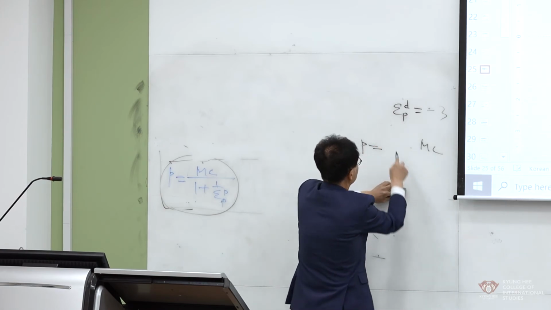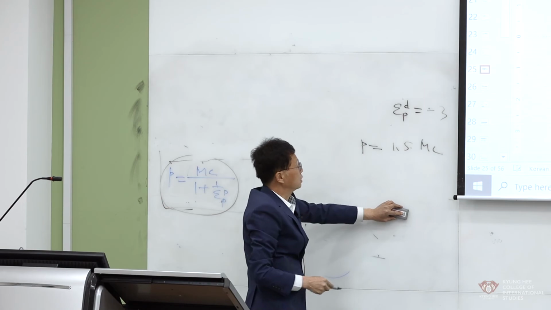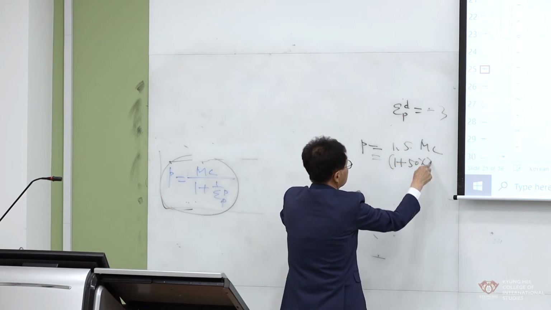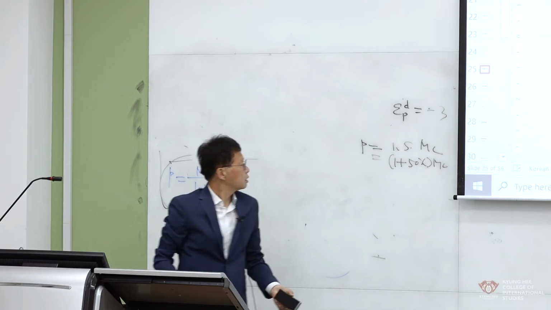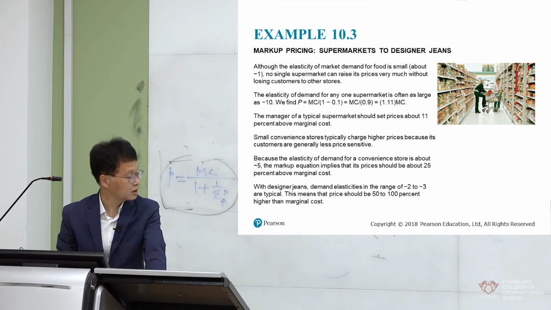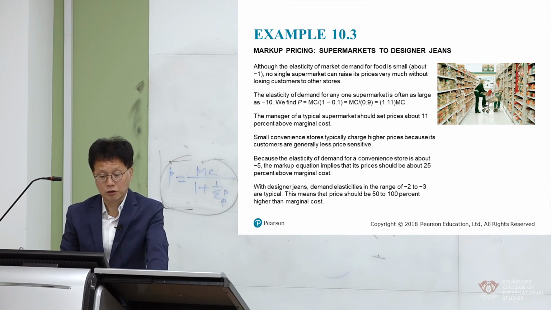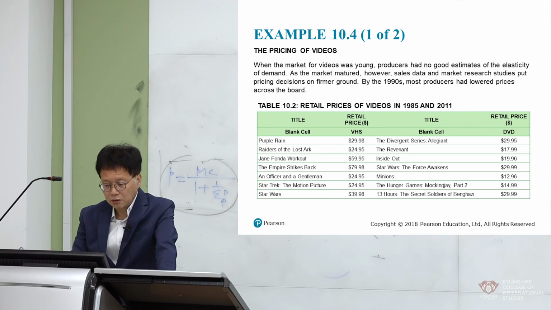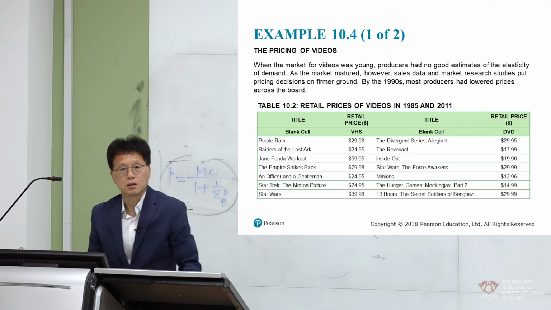That means 1.5 MC. 1.5 MC means 1 plus 50% MC. So price markup over marginal cost is 50%, right? So you have to practice this kind of calculation fully. Okay, then let's go to example 10.4.